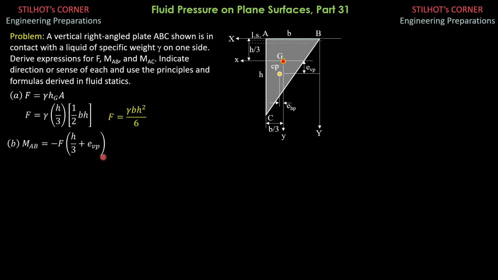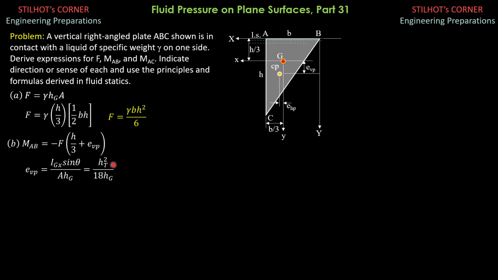Now, E sub VP is in general I sub GX sine theta divided by area times h sub G. But theta here is 90 degrees because this is vertical, and sine 90 is 1. Then you look at the derivation of this from the first part about concepts.